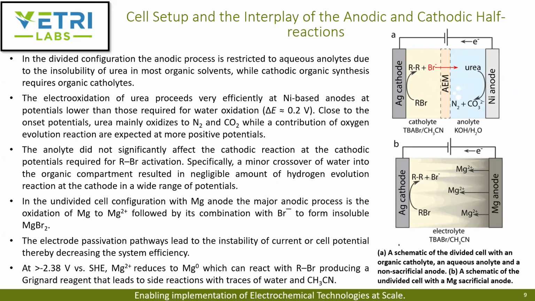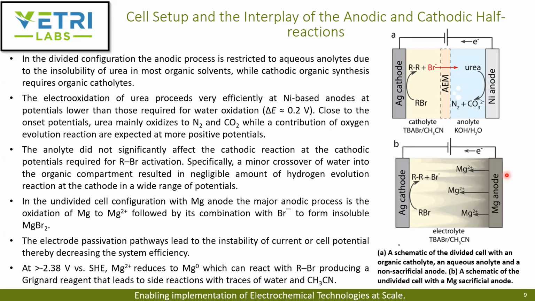Side reactions such as protonation of the electrogenerated radical by a proton donor, or hydrolysis of RBR to ROH, are typically observed only at very negative potentials beyond those required for one electron reduction.